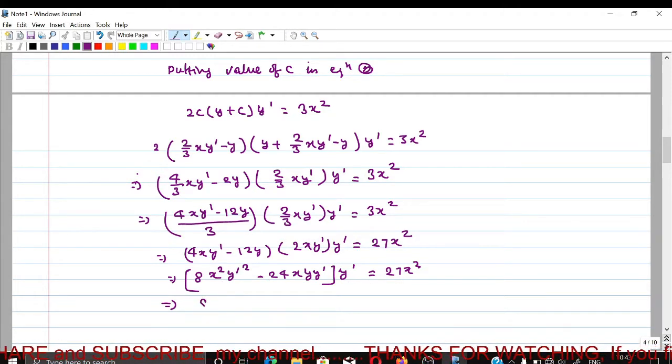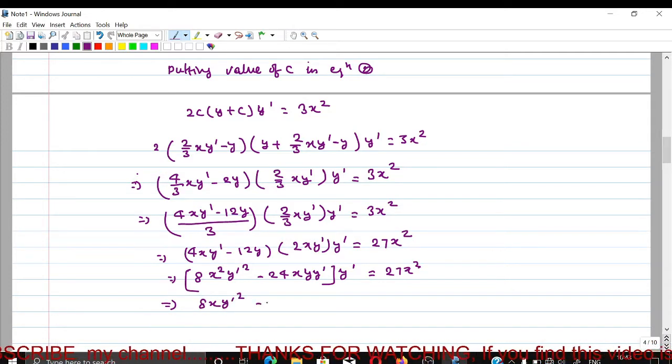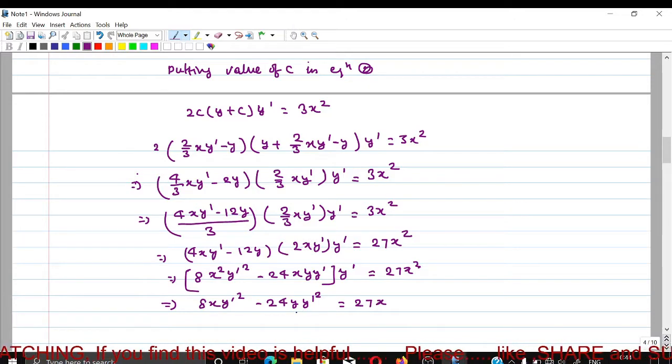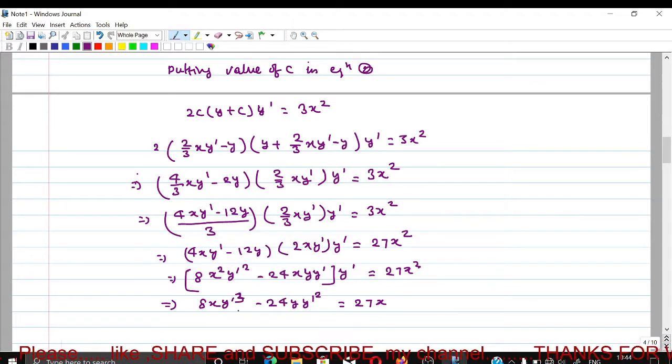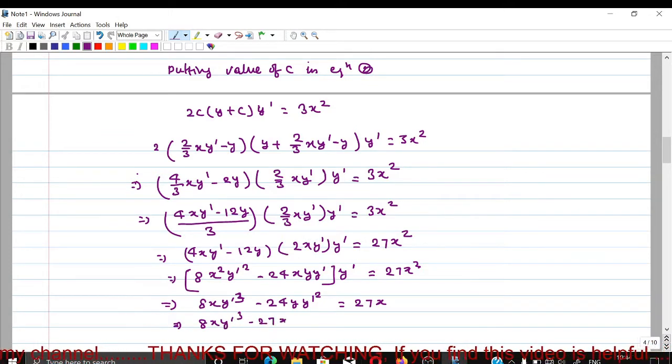So finally you will get 8x y dash to the power square minus 24y y dash equal to 27x, and multiplying you will get here, just shift 8x y dash 3 minus 27x equal to 24. We made a mistake here.